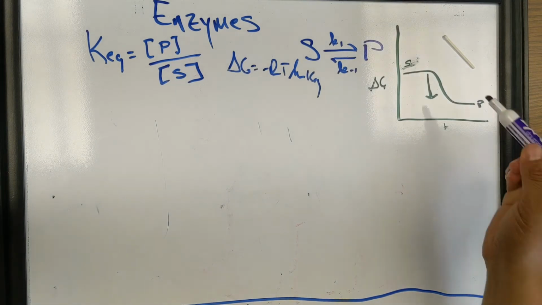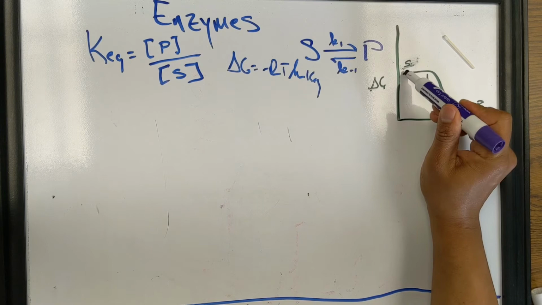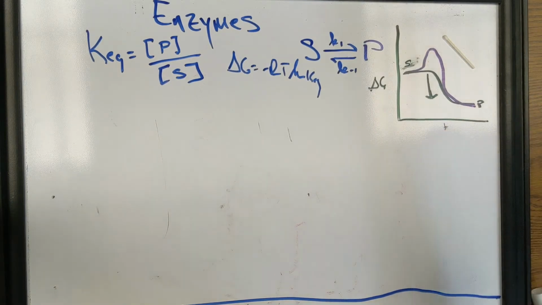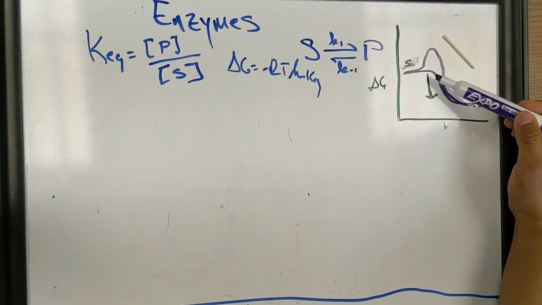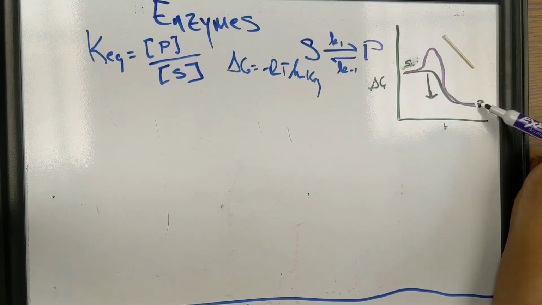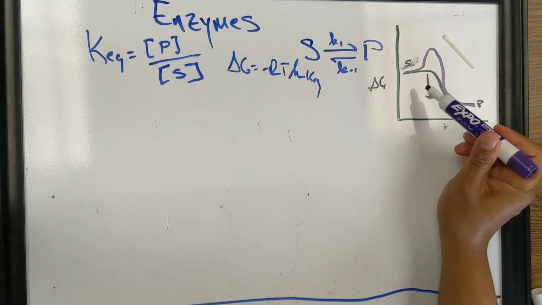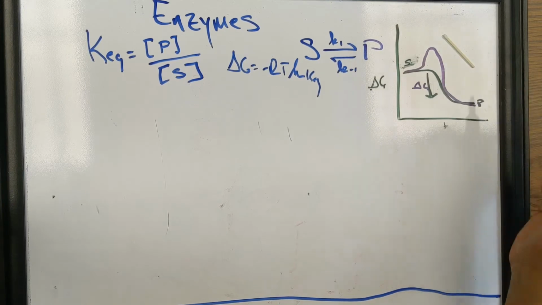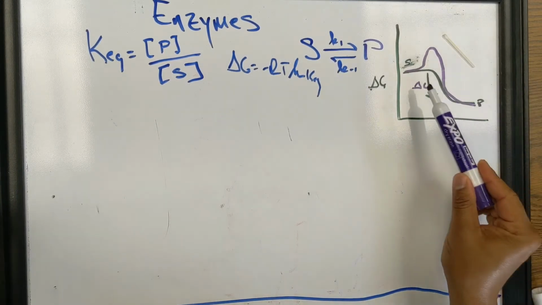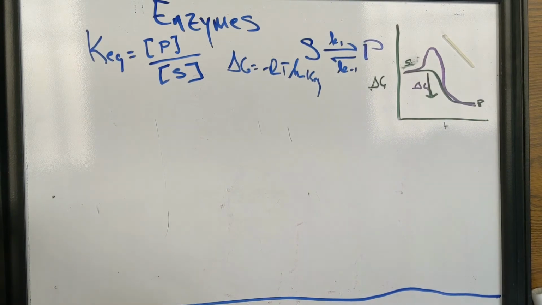And that is the activation energy. The activation energy is just this: a little more energy, a bump on top of this reaction. Now note, the substrate and the product are unchanged, and the delta G of the reaction is unchanged. But you have to surmount this activation energy for this chemical reaction to go forward.